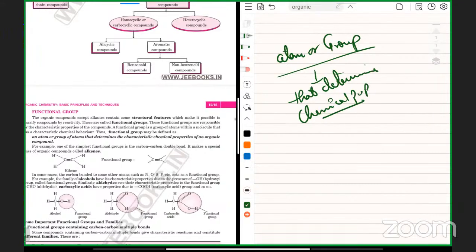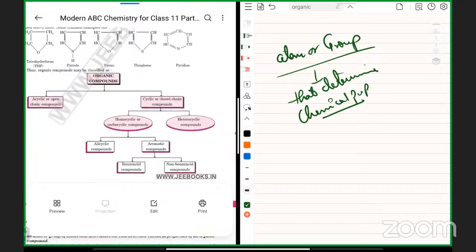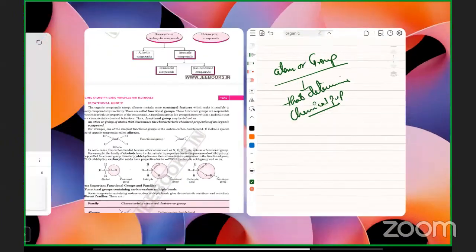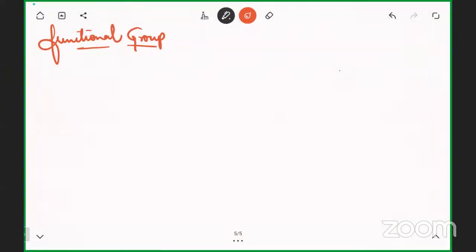I'll show you this book PDF also later on. But first, just revise this. Whatever I'm teaching in the class, that is the main important. So, what I said, what are functional groups?